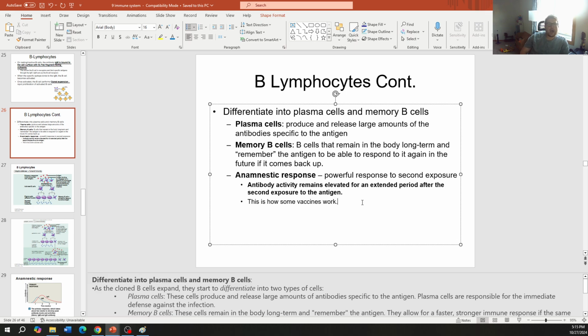It kind of primes the body. It gives us that mini first response, a very small first response. So that way, if we ever come in contact with those things again, we take advantage of the anamnestic response, and we have a much quicker, much larger response to protect us the next time we're exposed to something.